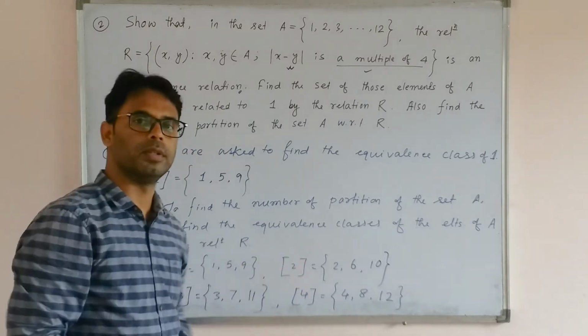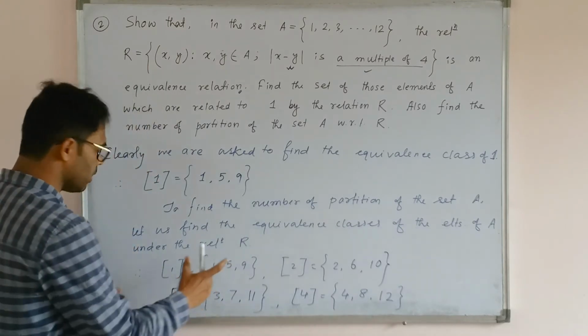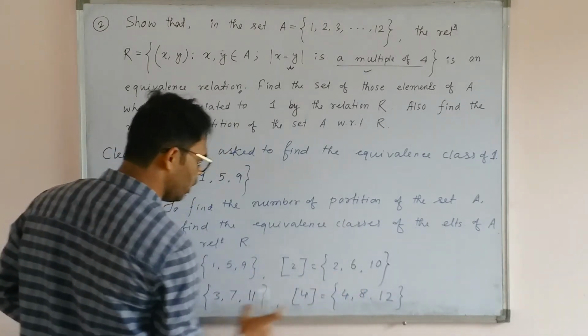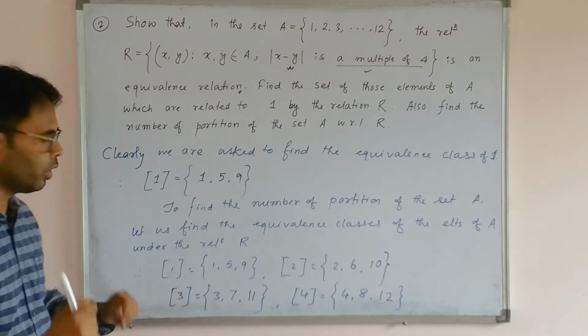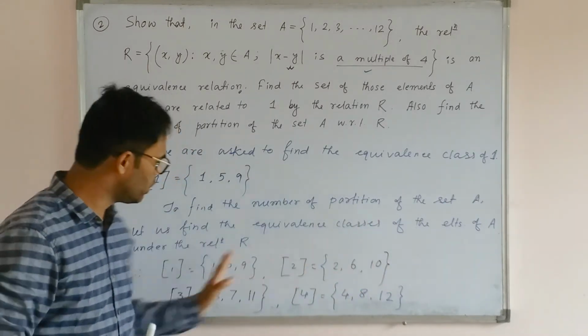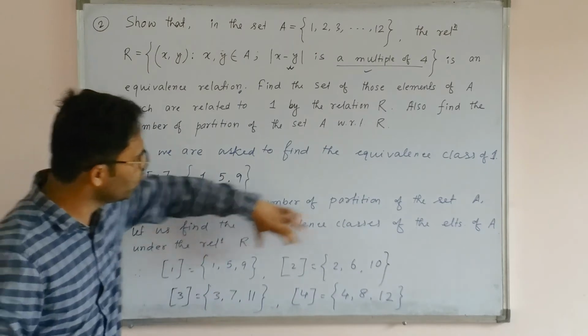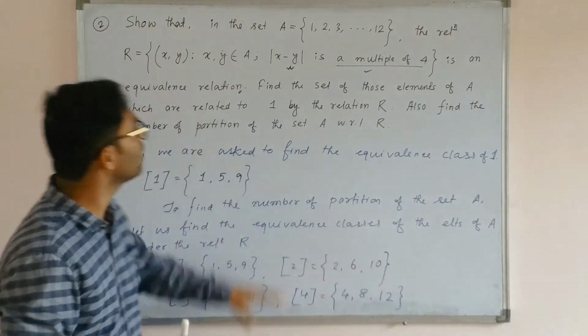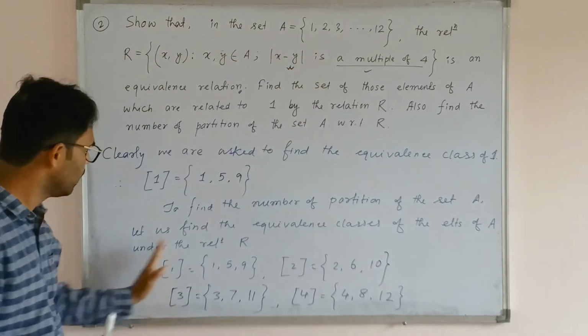The rest are repetitions. So we see that there are 4 partitions, because these subsets are mutually pairwise disjoint and the union of all these subsets is equal to the set A, and therefore these are the partitions.